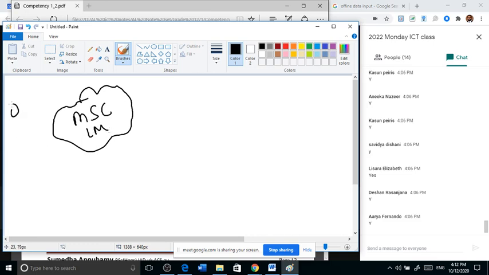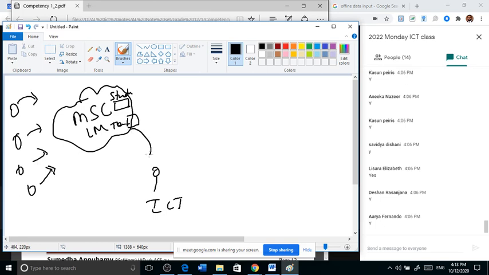Here many students are there, and what they are doing is giving their assignments and all the things to the learning management system. Here there is a students' folder, and here there is a teachers' folder. So as a teacher, an ICT teacher, I am looking into the system, my system.